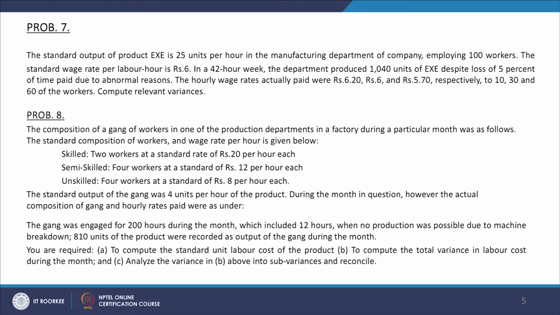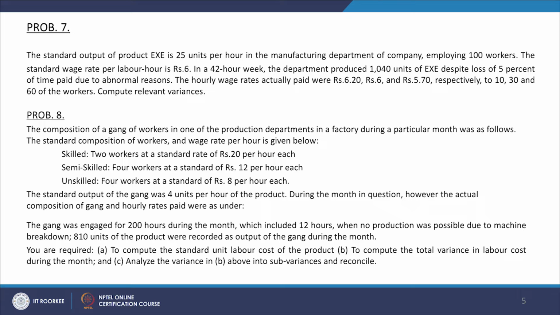We estimated 4 workers, but actually we have used 5 because 1 less semi skilled was available. So, unskilled became 5 against 4 and semi skilled became 3 against 4, and the unskilled rate also has increased by 2 rupees.